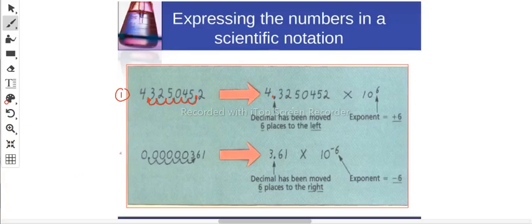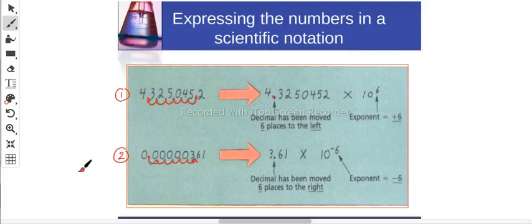Now I have the second situation, which is having the decimal and start moving to the right instead of the left. So the decimal is right here, starting counting how many places I'm going to take my decimal into. I'm going to stop beside the 3.